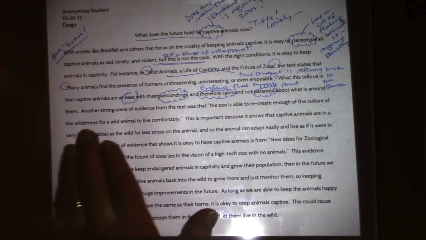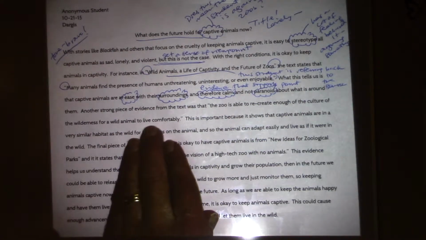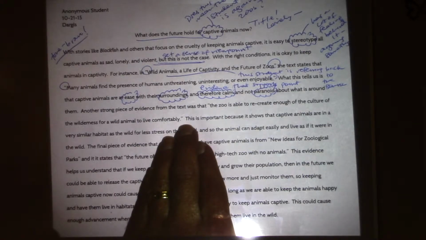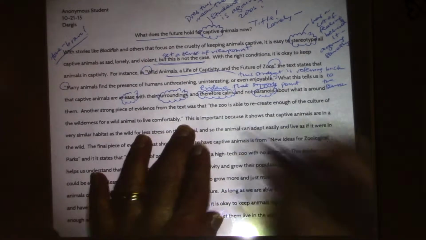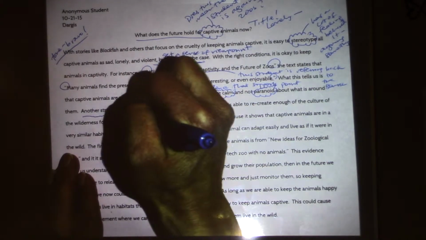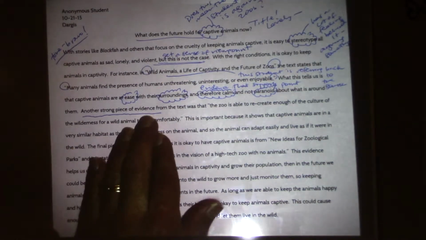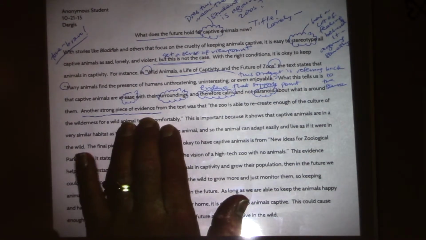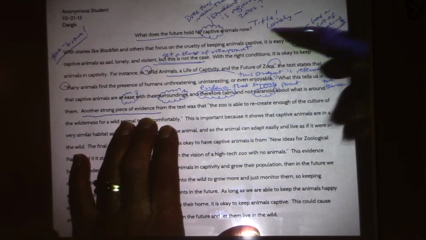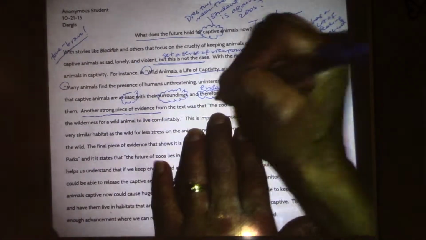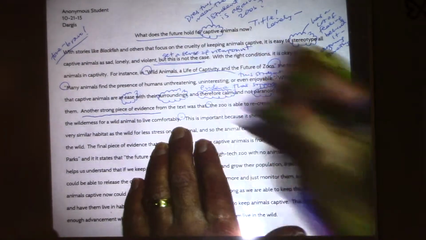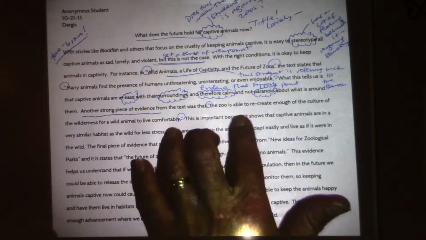All right. Another strong piece of evidence from the text was that the zoo is able to recreate enough of the culture of the wilderness for a wild animal to live comfortably. Okay? So again, I'm just going to underline this, another strong piece of evidence, right? So we know this student is using evidence to support their point. And then here it is. We have the quotation marks again, so we know it's coming directly from the text.